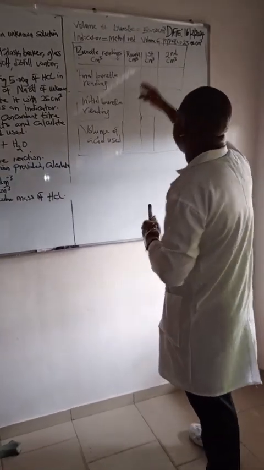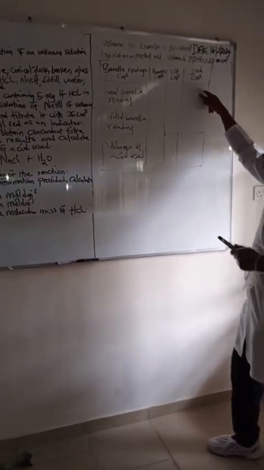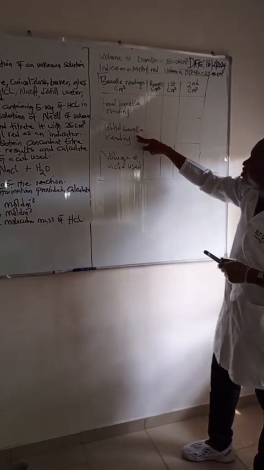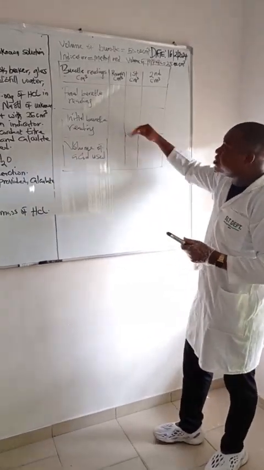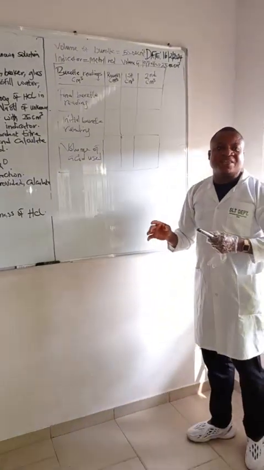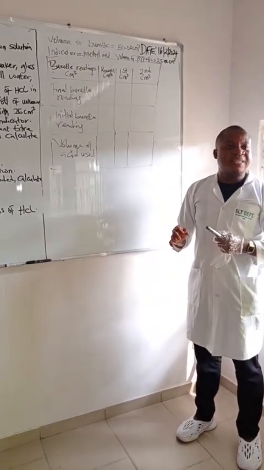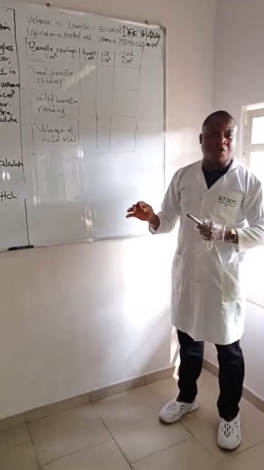So now this is our rough in cm cube, our first in cm cube, our second in cm cube. Final direct reading, initial direct reading, and volume of acid used. Now when doing this, ensure to put everything in two decimal places. Your value should be in two decimal places.